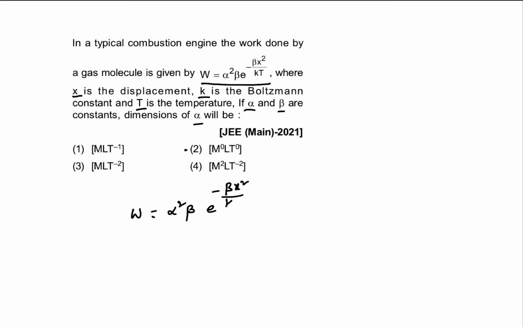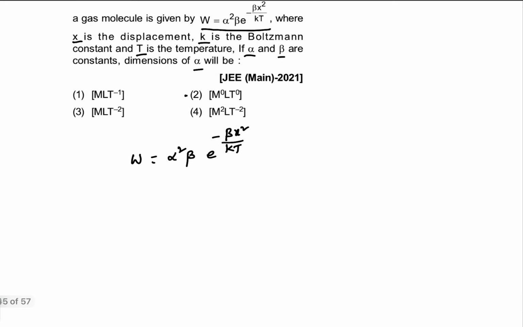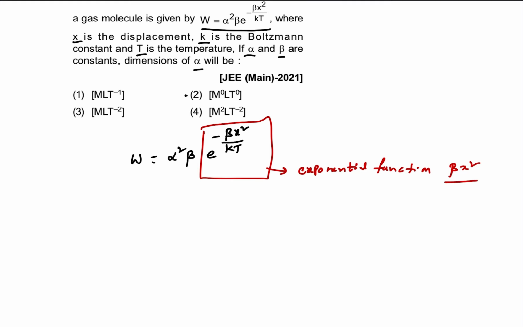First, I am going to write the relations here. Work is equal to alpha square beta e power minus beta x square divided by kT. This exponential function, here the exponent beta x square by kT, is dimensionless.